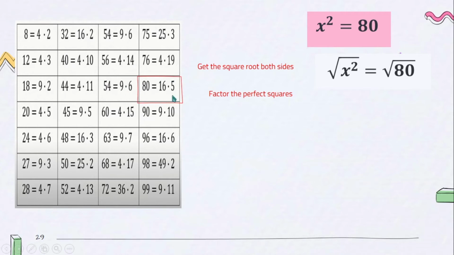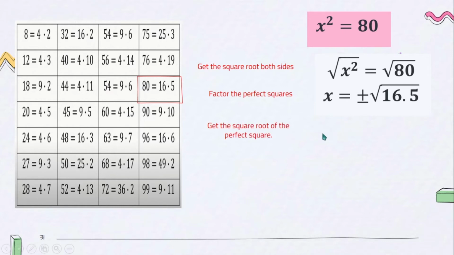The 16 is a perfect square, so x is equal to the positive or negative square root of 16 times 5. So get the square root of the perfect square. Since 16 is a perfect square, x is equal to the positive or negative square root of 16 times square root of 5.